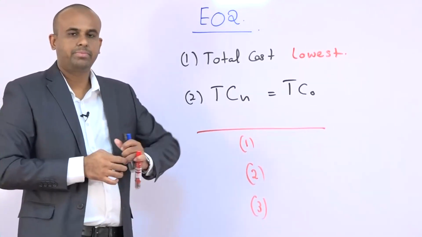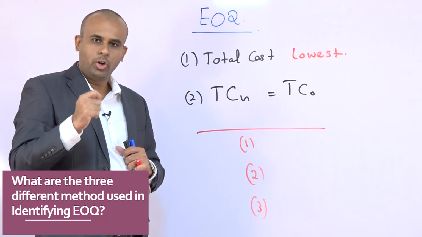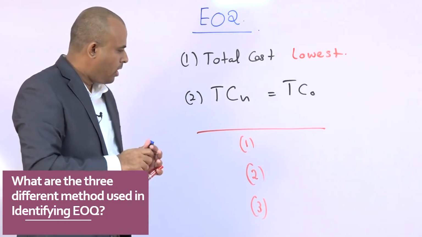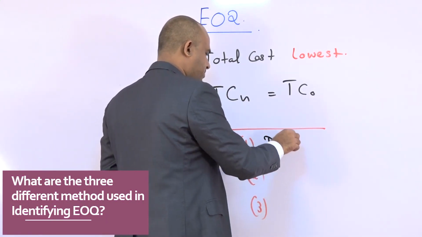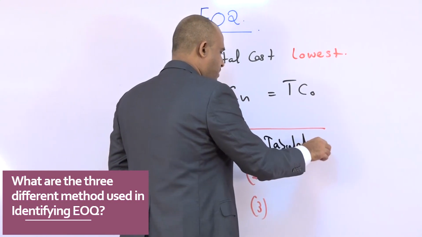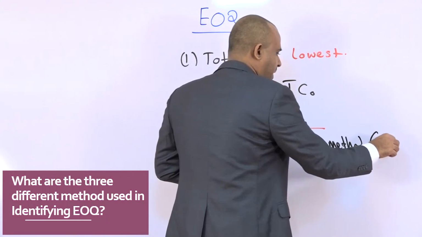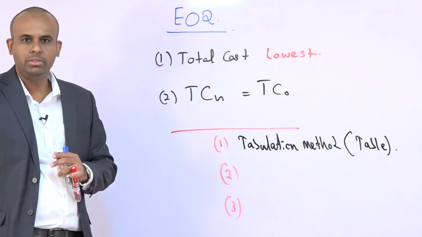That is the most important thing for a business. When determining the economic order quantity, there are three types of methods. One is the tabulation method. Under the tabulation method, we use a table for the purpose of calculating the economic order quantity.